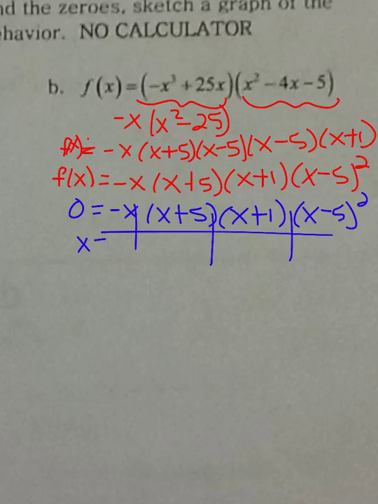So my zeros: 0 equals negative x times x plus 5 times x plus 1 times x minus 5 squared. I get x is 0, x is negative 5, x is negative 1, and x is 5. These three here have odd multiplicity, so that means it crosses. And this is an even multiplicity, so it's tangent. All right, let's start getting some stuff together on the graph.